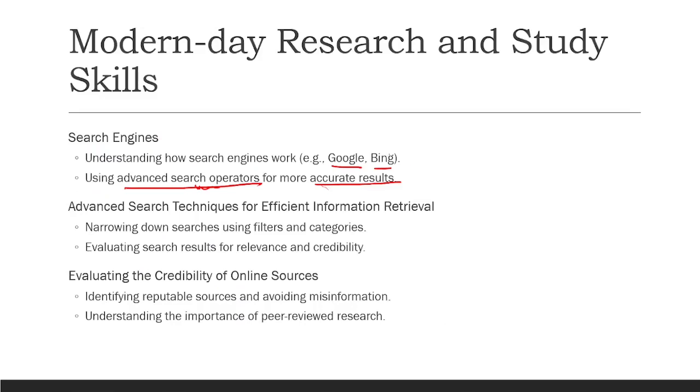For the time being, just understand that there are advanced search operators. Using search operators, you can narrow down your search results to specific categories, and you might as well check for relevance and credibility of this information.